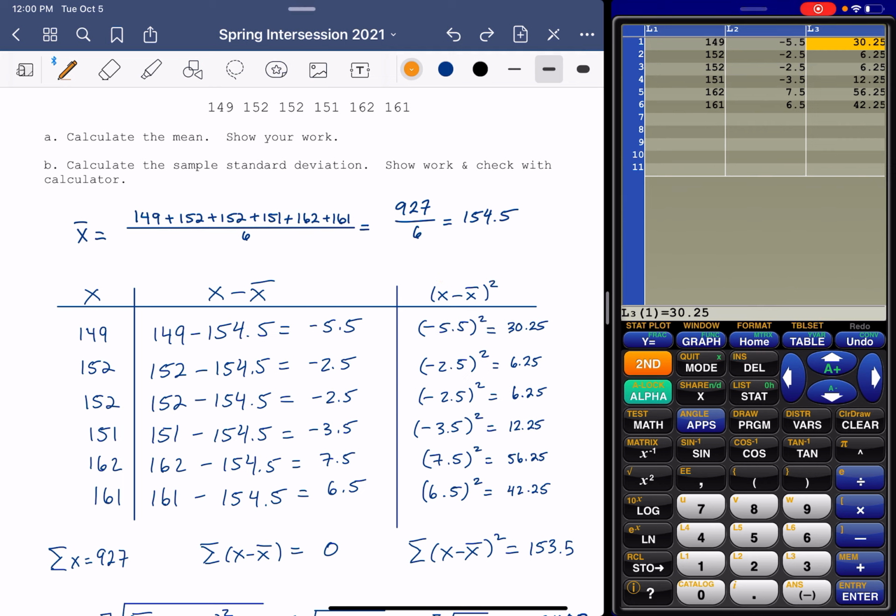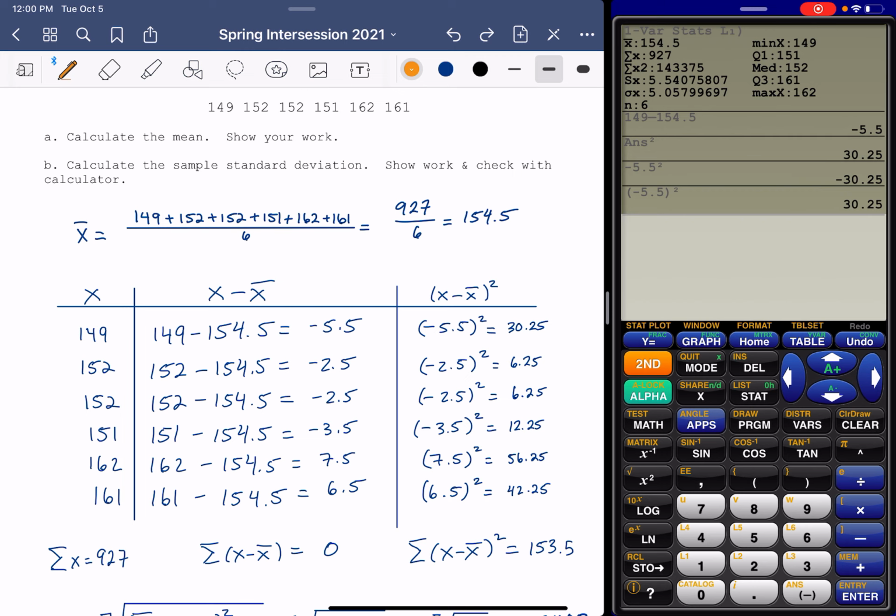So we got that. So I'm going to go back. And one thing you also can do is, of course, you should take the sums of each column. As you can see, if you take the sum of x, you can double check your work that we have 927.